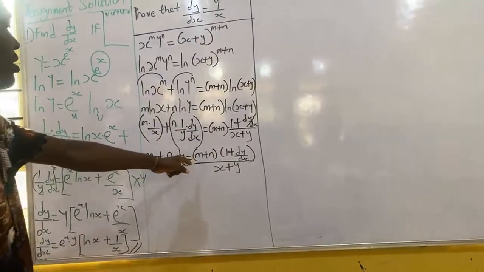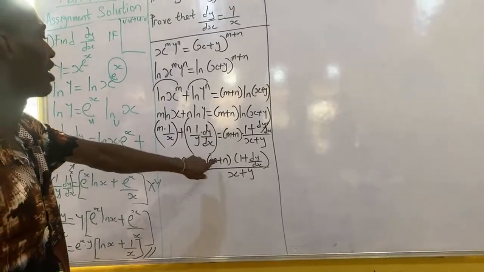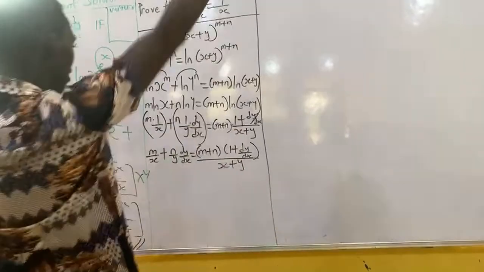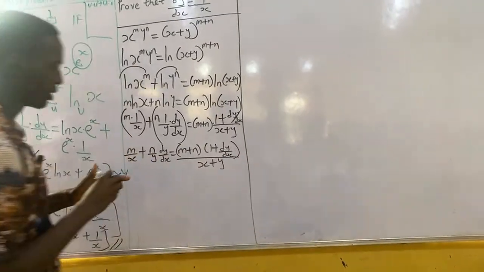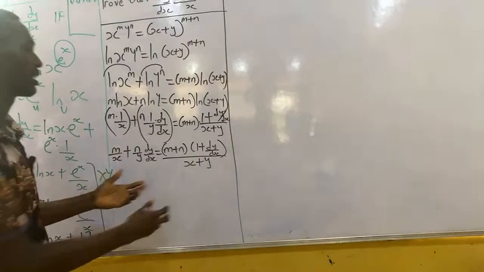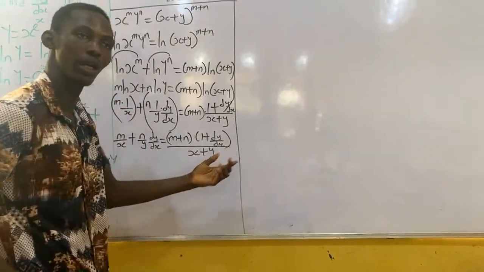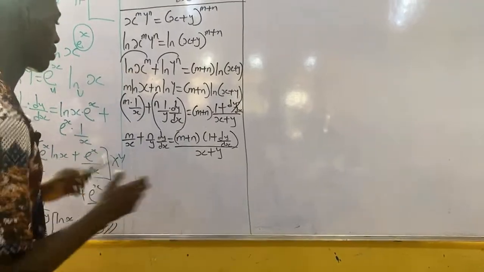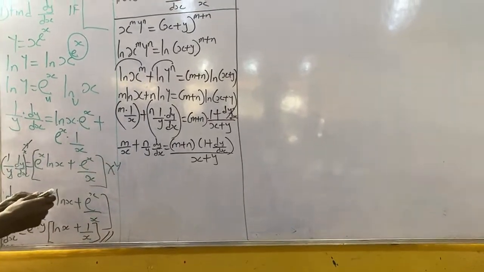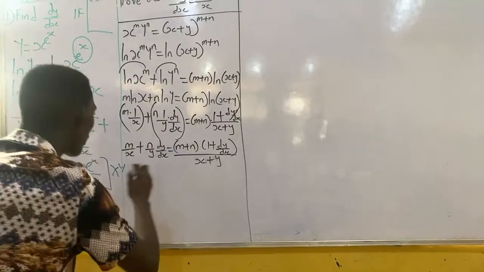So we can expand this. Before we do that, let us multiply both sides by what? x plus y. That is, we multiply this side by x plus y. We also multiply this side by x plus y.